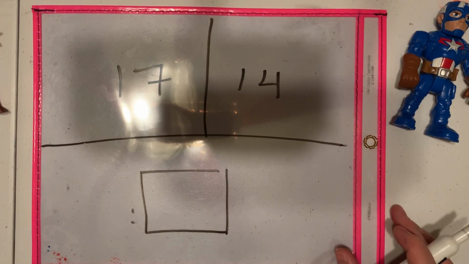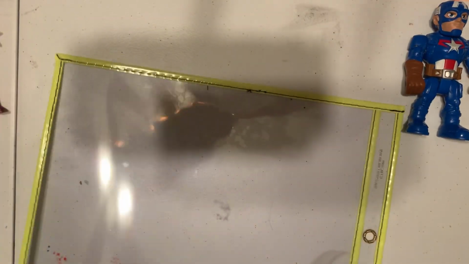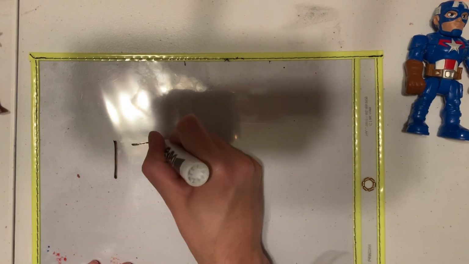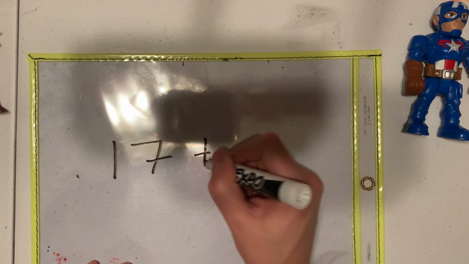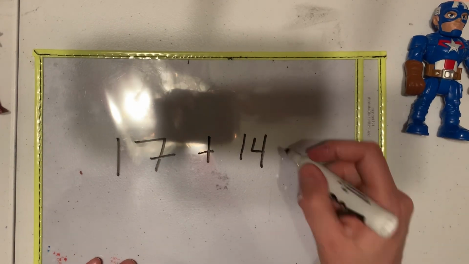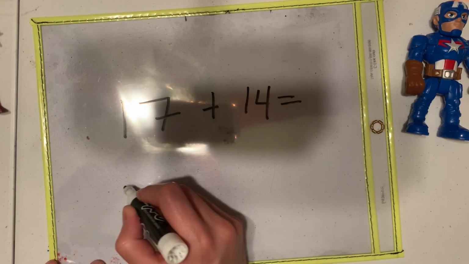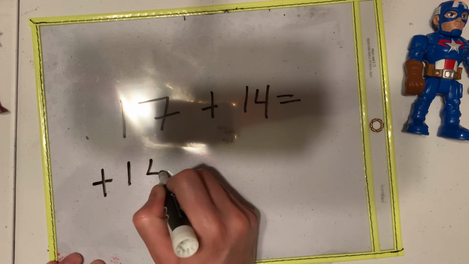Now, let's do the number sentence. We have 17 plus 14. We can do it this way, or we can solve it this way. 17 plus 14.